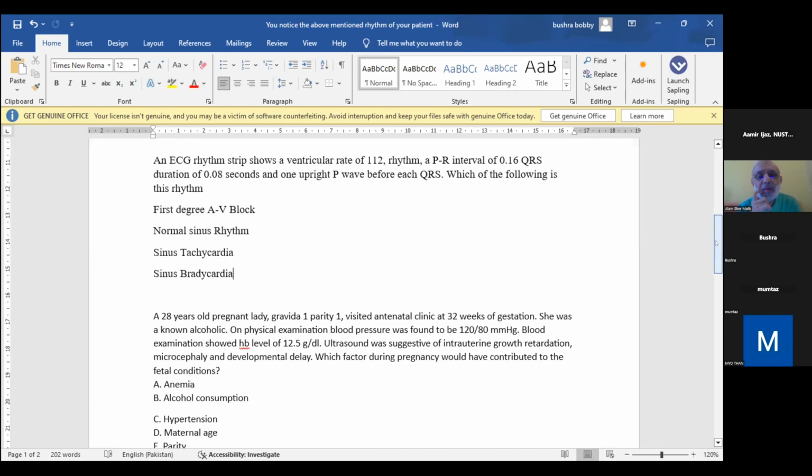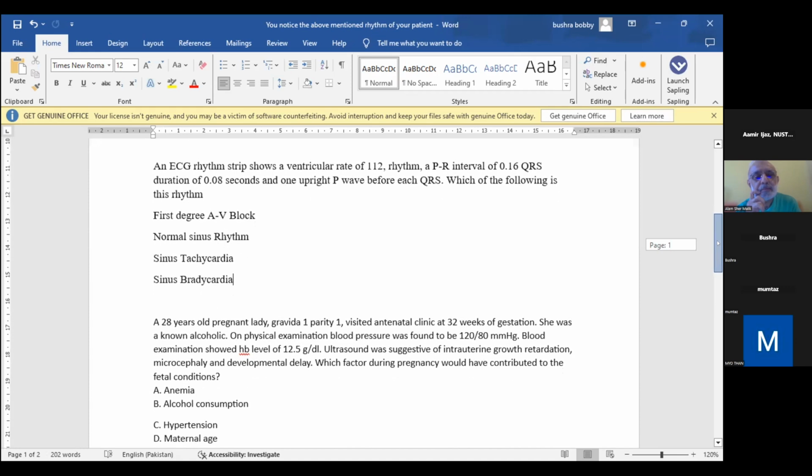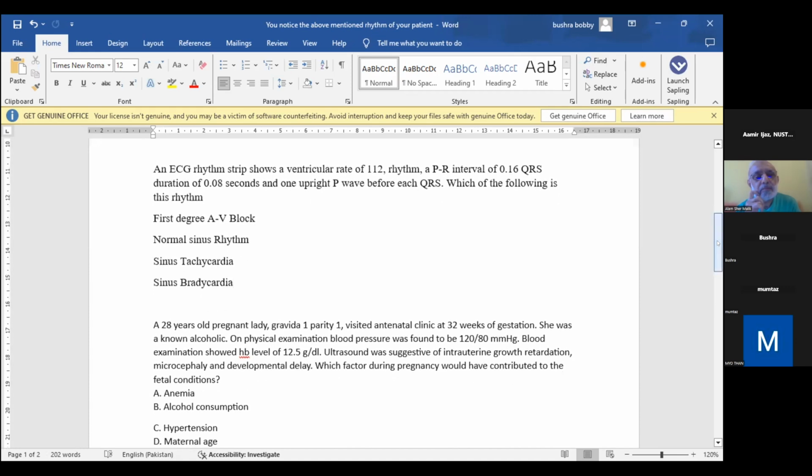Actually, I think it's not a good strategy to give the findings of the ECG. If you want to ask this very competency, it is better to place the ECG tracing in the MCQ. Now there are facilities available where you can put in the ECG, and then, as Professor Alam has said, you give some brief clinical scenario and give the ECG tracing.